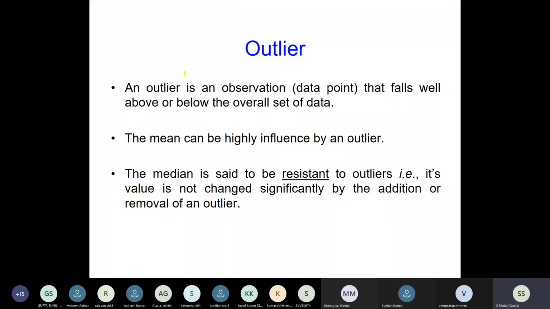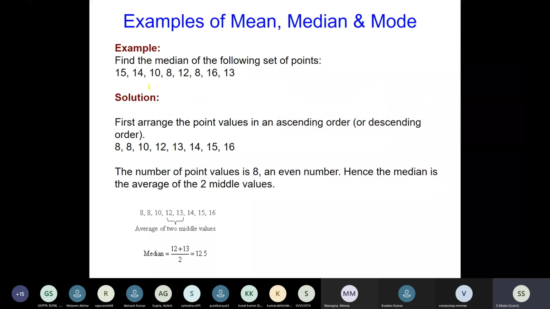Let's say you are trying to take the average of 7, 15, 14, 10, 8, 12, 8, 16, 13. Let's say I give you another value, 2014. If you take the average, because of the outlier 2014, it will make the mean closer to maybe 400 or so, but you know that the mean of these cannot be something like that.